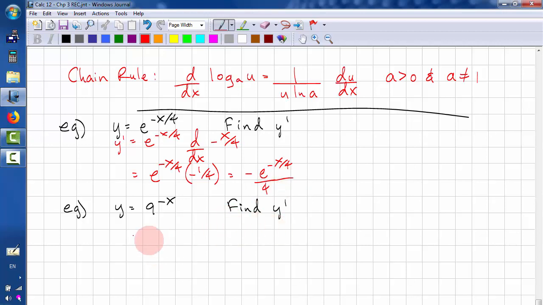Next, y prime equals, so we have 9 to the negative x, we need ln 9, and now we need d dx of negative x. So that's just negative 1, so negative 9 negative x ln 9.